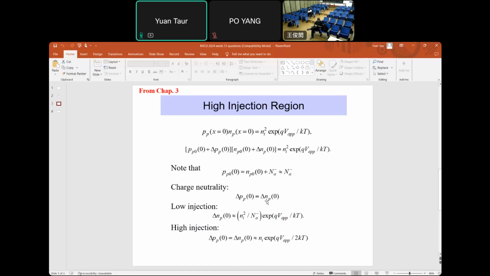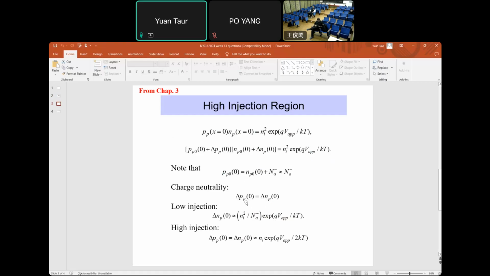And when delta np is much smaller than Na, and then delta pp is also much smaller than Na, then we have this e to the qV over kT relationship from the basic equation.